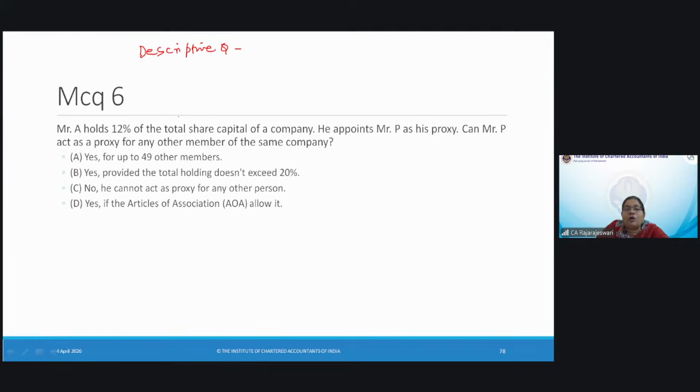Now you tell me for this MCQ. A very peculiar point. So what could be the answer for this?